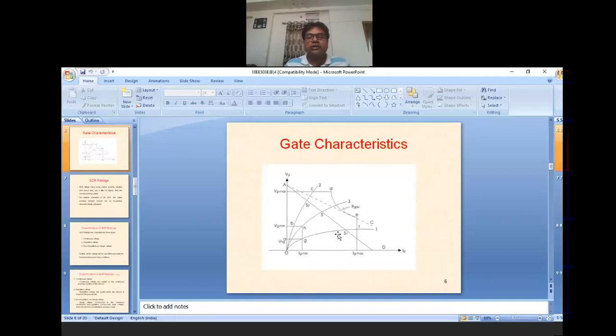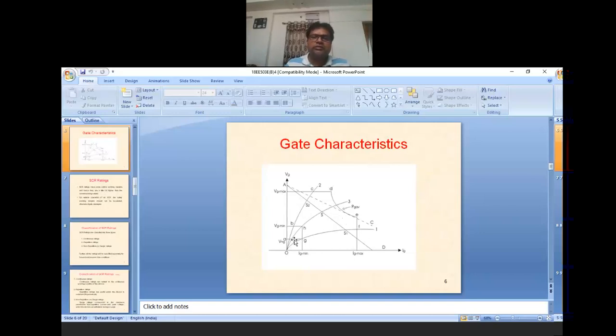And eventually the region enveloped between the points B, C, D, E, F, G and H. I repeat, B, C, D, E, F, G, H and B. In this region of the gate characteristics, it is preferable to drive or trigger the SCR.